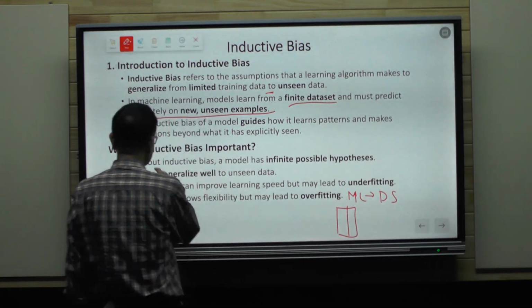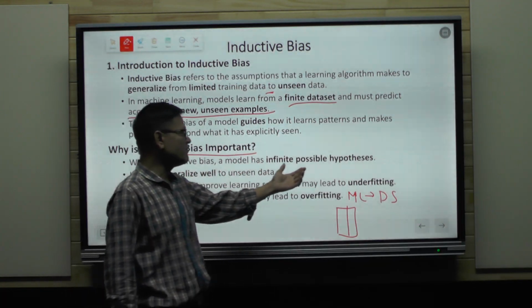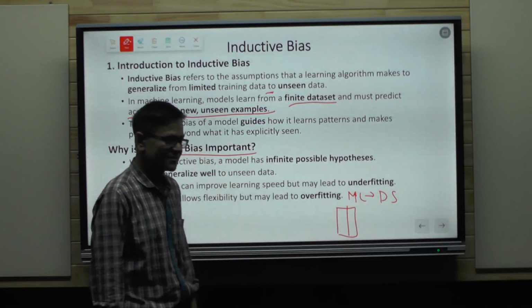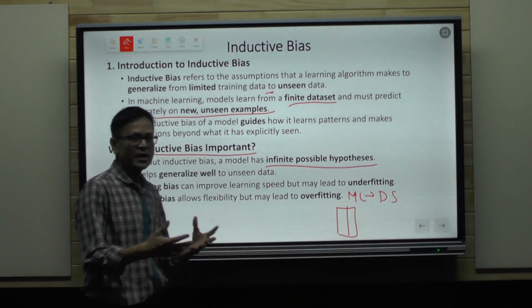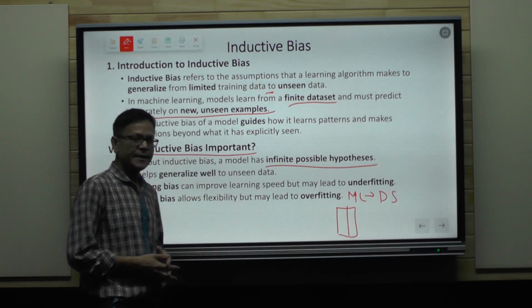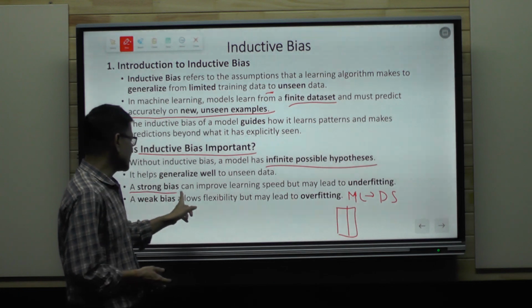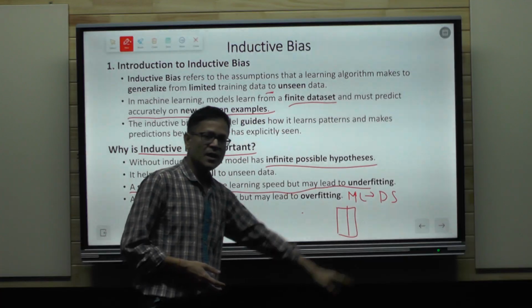So why is inductive bias important? Without inductive bias the model has infinite possible hypotheses, correct? We always have an infinite hypothesis space. So it helps generalize well to unseen data. A strong bias can improve the learning speed but may lead to underfitting.